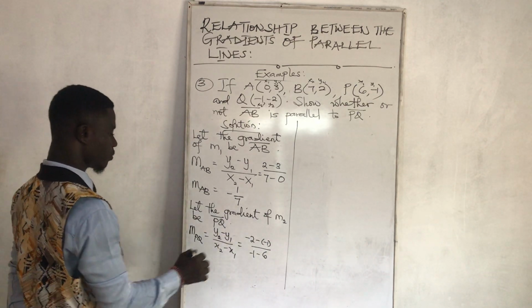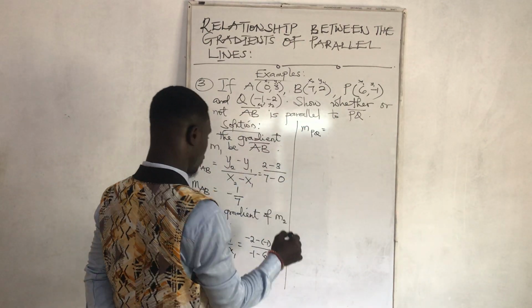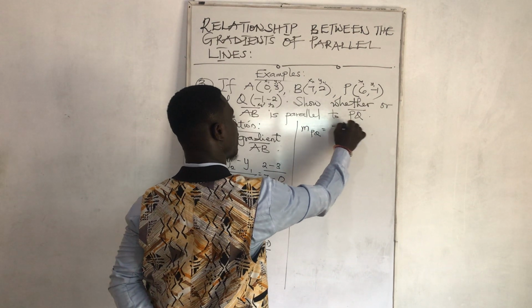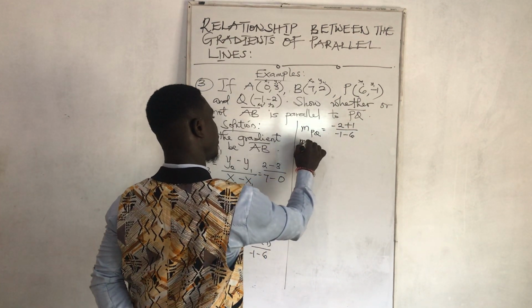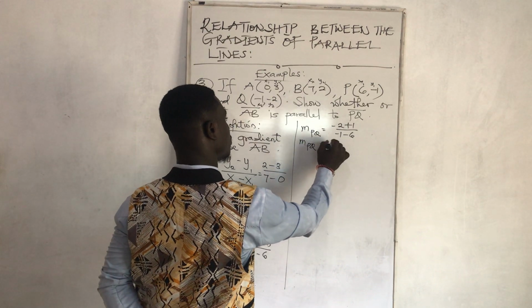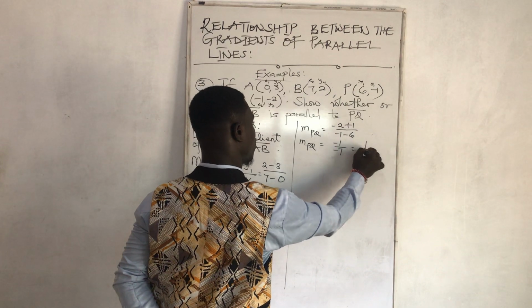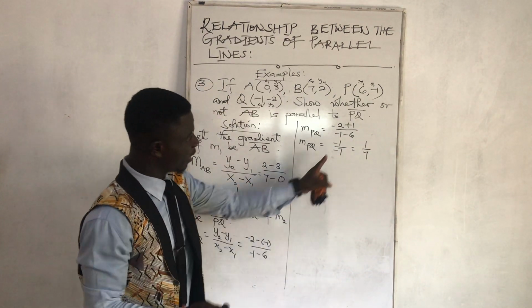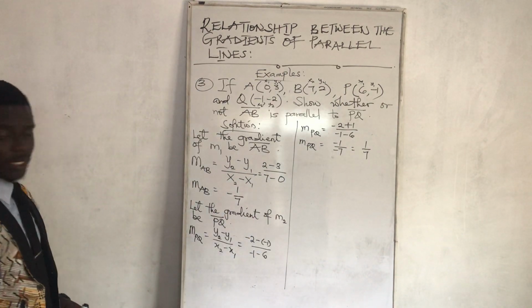So the gradient of PQ is -2 plus 1 all over -1 minus 6, which is -1 over -7. Because negative cancels negative, I get +1 over 7.